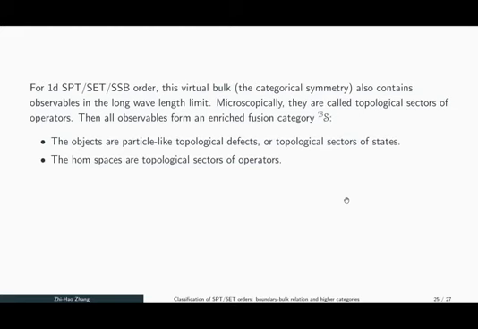The objects are particle-like topological defects or just topological sectors of states. And for two objects, we can consider their Hom spaces. The Hom spaces are topological sectors of operators. The operators just map one sector of states to another sector. And these topological sectors of operators live in another category B, so this is the B-enriched category.